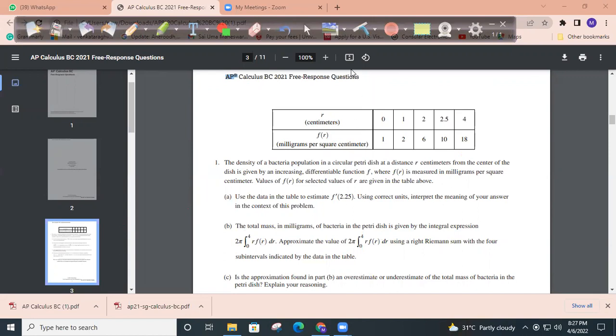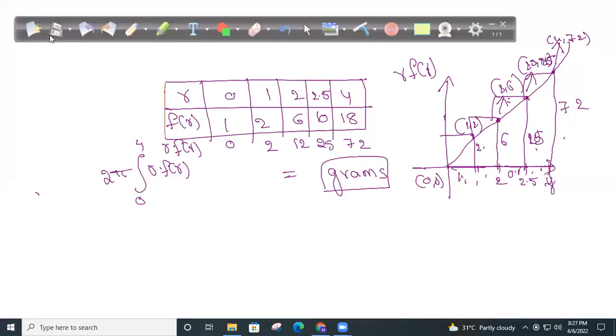When I was explaining the Riemann sum concept, I told you this. Suppose I have a decreasing function or an increasing function. I'm trying to find the area of this function using the Riemann sum. Assume that I have divided it into 3 parts.